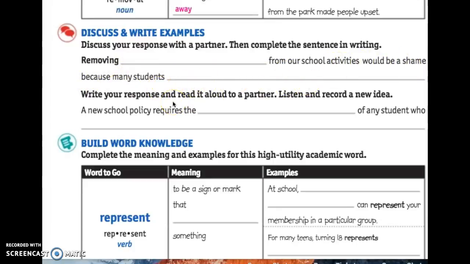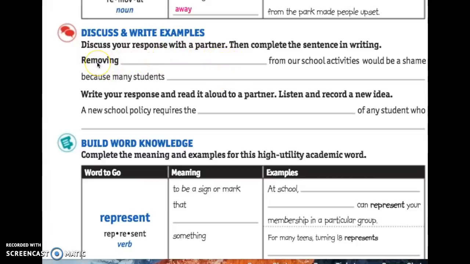What I want you to do is come up with an idea of something that if it was removed, it would be a shame or that would be a bad thing because many students either like it or need it, something along those lines. I'll give you an example verbally, meaning I'm not going to show one here.